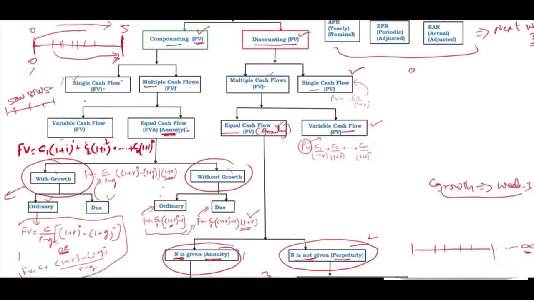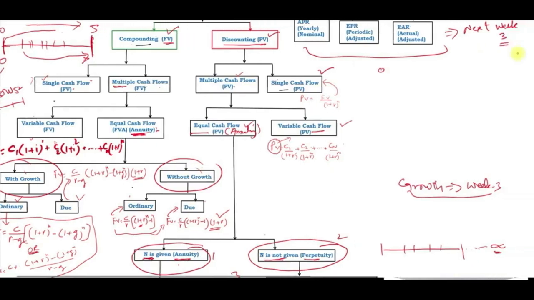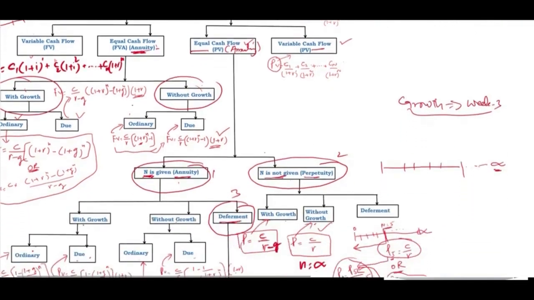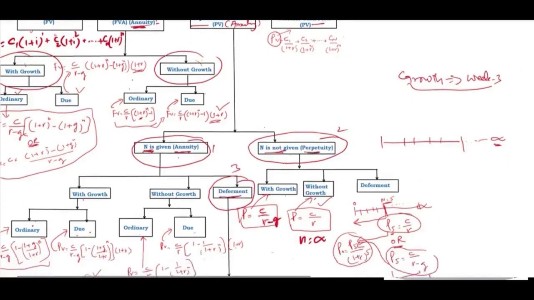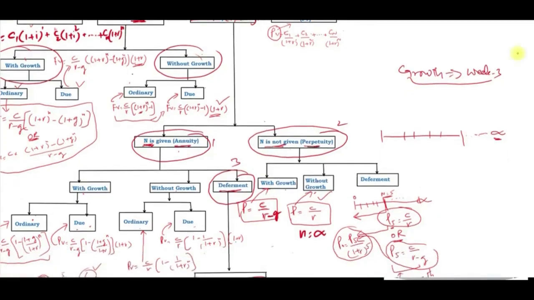Equal cash flow, this part I will explain later, but we followed the equal cash flow part. When n is given, it is still an annuity, but when n is not given, it becomes perpetuity, right? When n is given, we discuss this part only: ordinary and due.